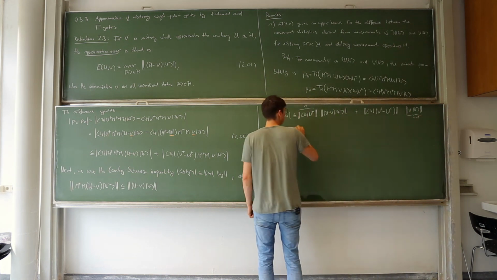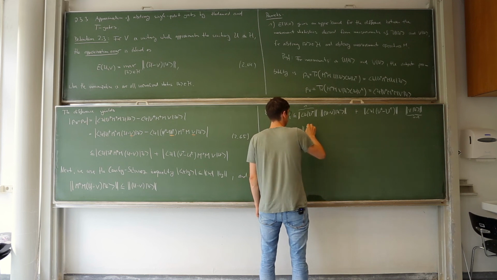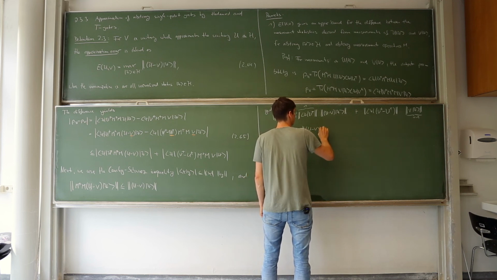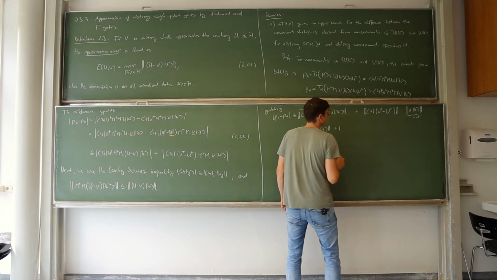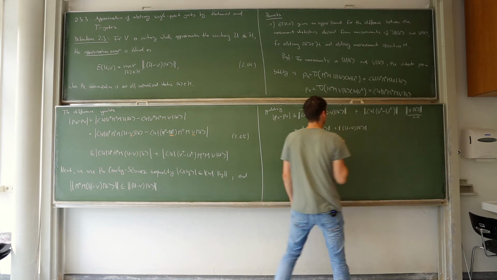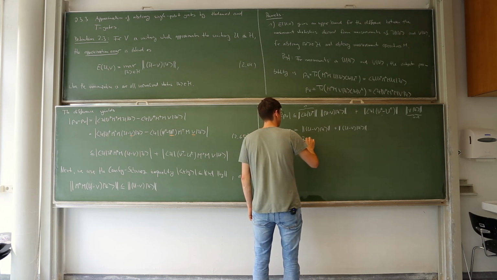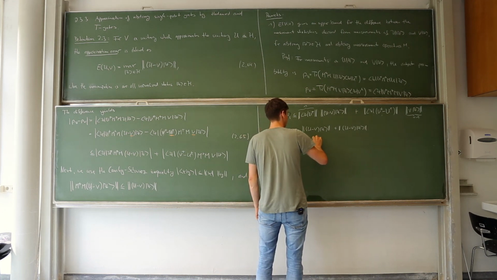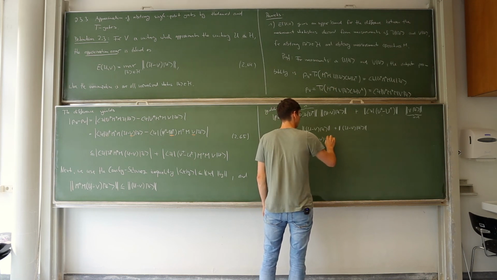So we have equal to the norm of u minus v psi plus the norm of u minus v psi. So we rewrote this part, which is 2 times the norm of u minus v psi.